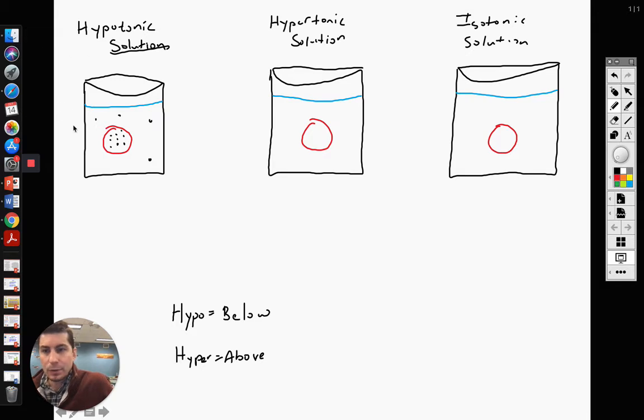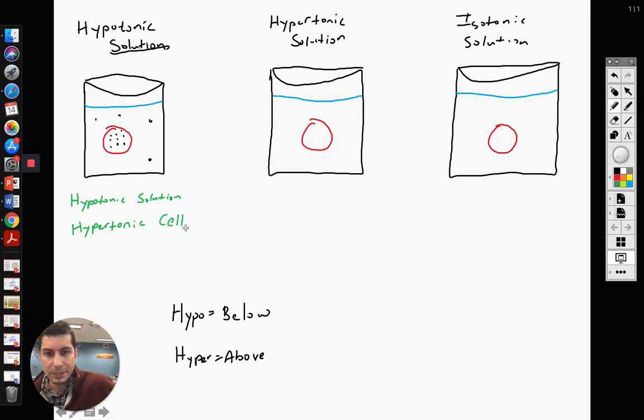In this example, if we have a hypotonic solution, that means that the cell is going to be the opposite of that. So the hypotonic solution means that we have a hypertonic cell.